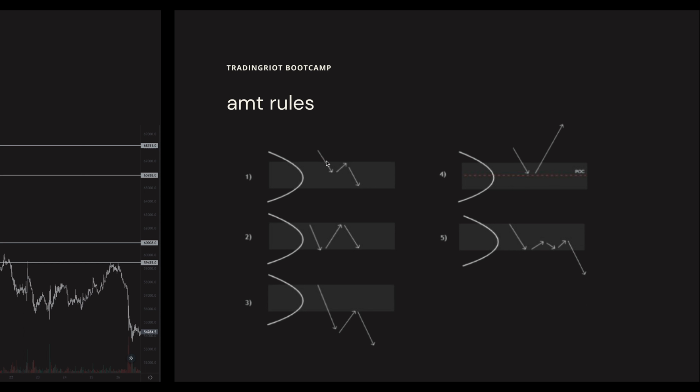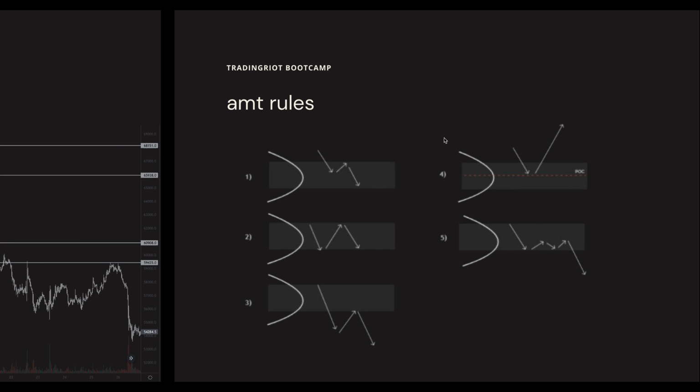This is the rotational market inside the value. If the market is already in the value area, it will bounce from the edges until it finds acceptance outside. Okay, if the market finds acceptance outside of the value, it will often retest the value area low or the value area high before the continuation. A market that swiftly moves inside the value but bounces aggressively from POC is likely to continue higher.